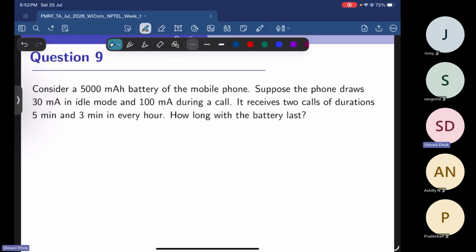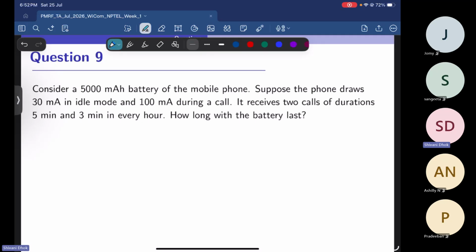It is given that every hour it receives two calls, of 5 minutes and 3 minutes duration. If this is the situation, then how long is your battery going to last?